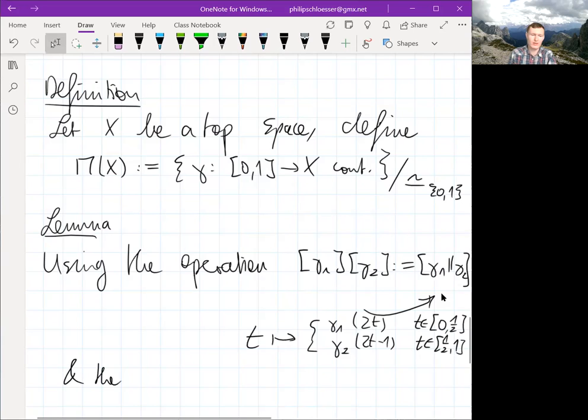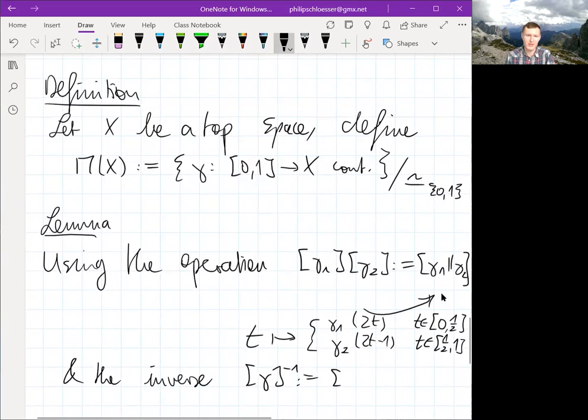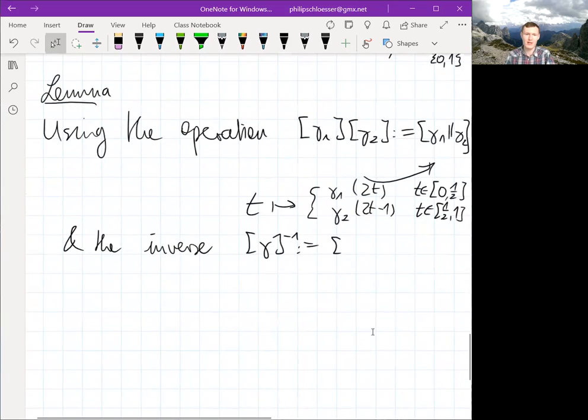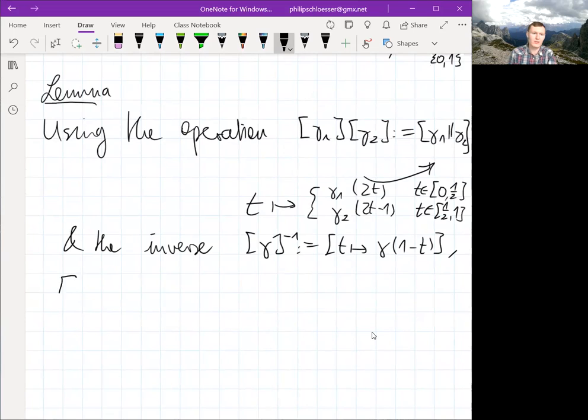And the inverse, gamma inverse, well, we define it by just walking through a path in the opposite direction. So t is mapped to gamma of 1 minus t. The set pi turns into a groupoid.